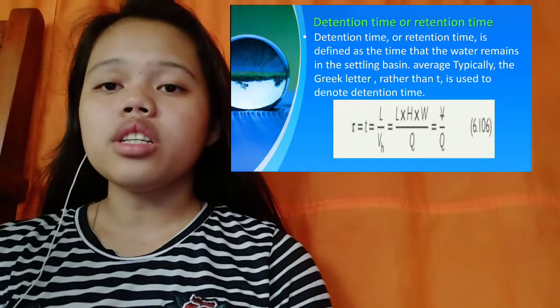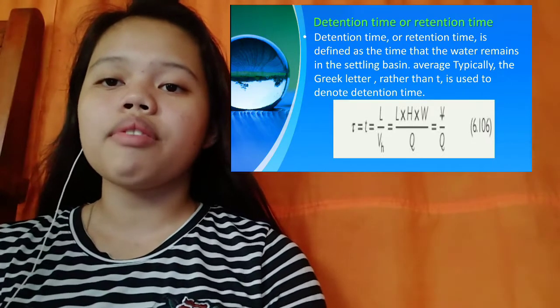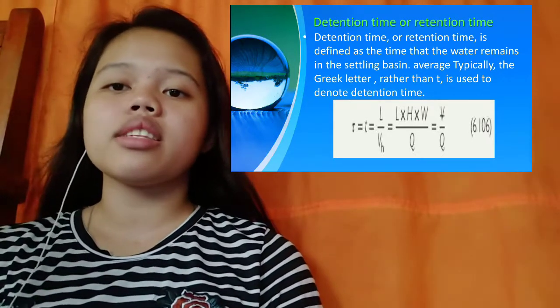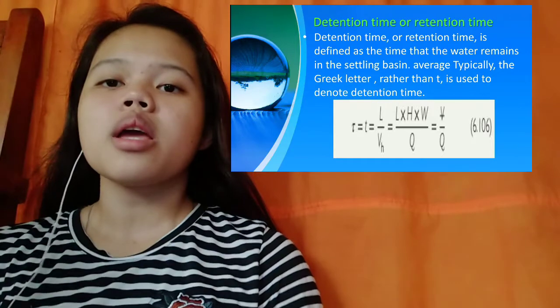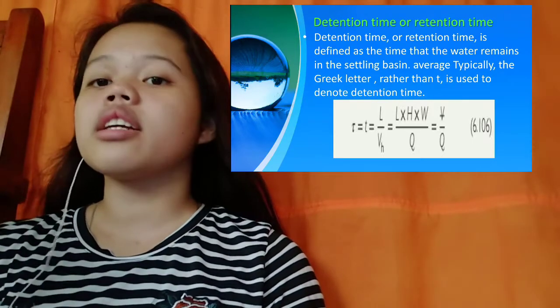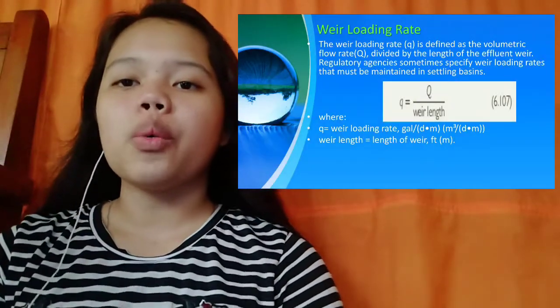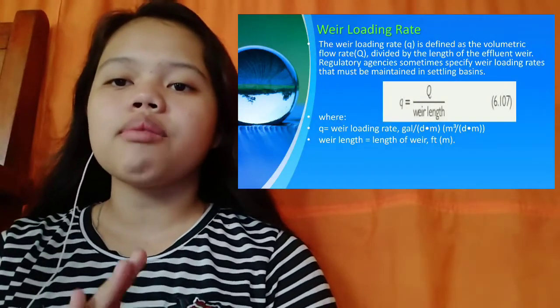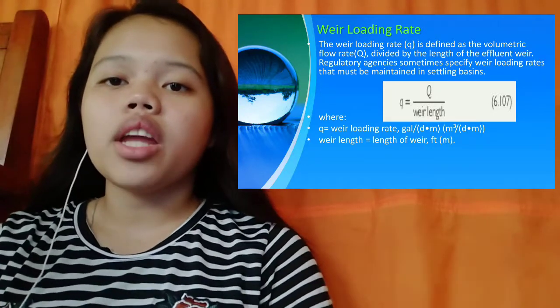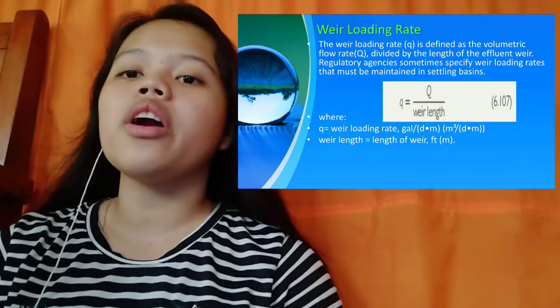Detention time or retention time. Detention time or retention time is defined as the time that the water remains in the settling basin. Typically the Greek letter theta, rather than t, is used to denote detention time. Weir loading rate. The weir loading rate is defined as the volumetric flow rate divided by the length of the effluent weir.